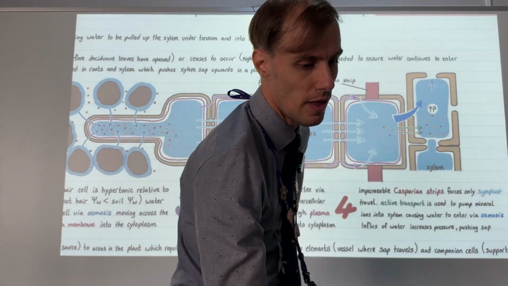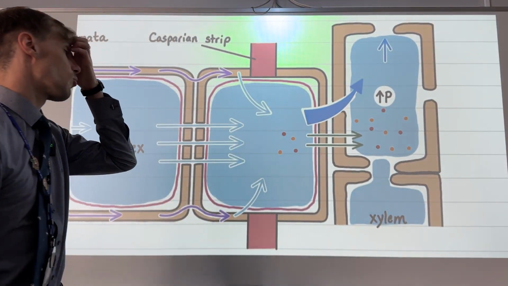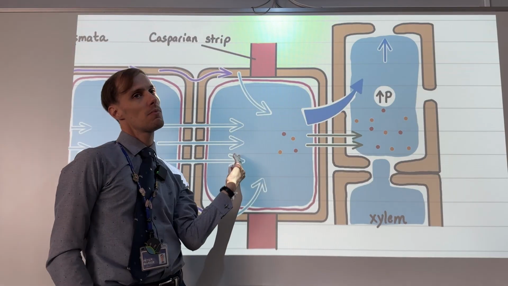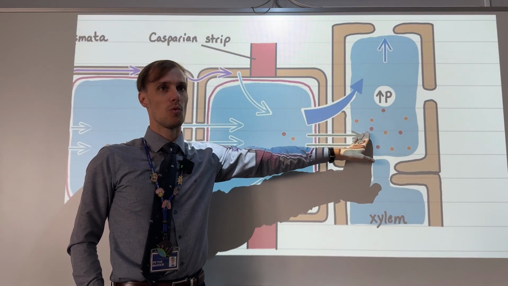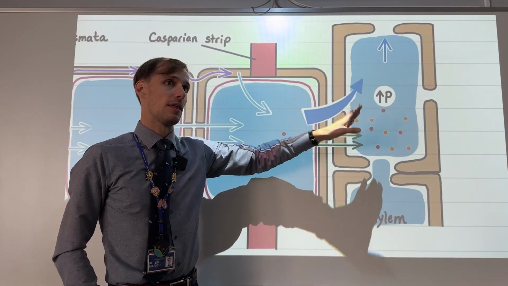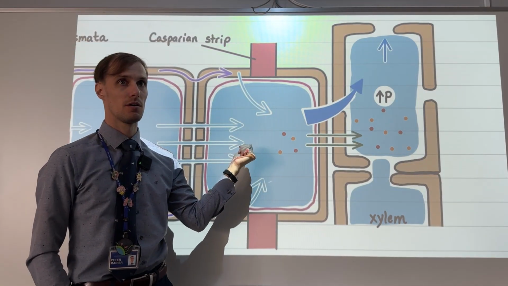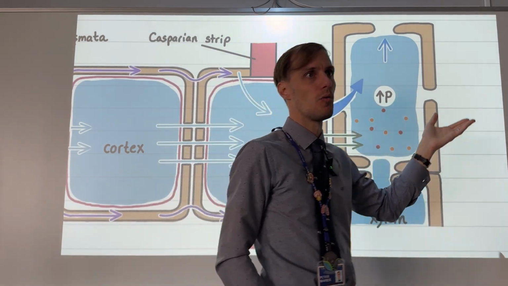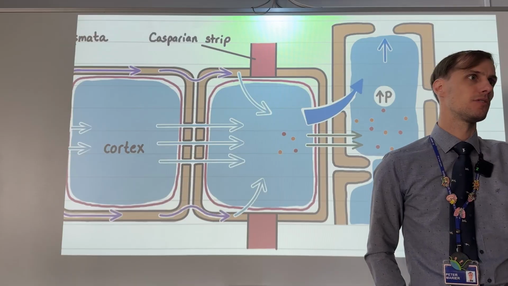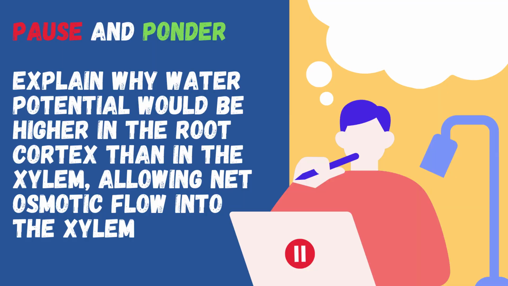ultimately. So now, again, you have to ask yourself the question, if water is moving from the cortex into the xylem, why is it doing that? That means that the water potential has to be higher here than it is here. So why? What would cause the water potential to be higher in the cortex than in the xylem?